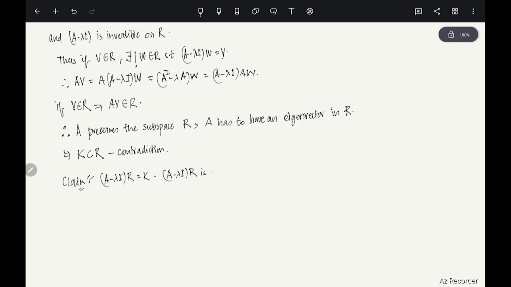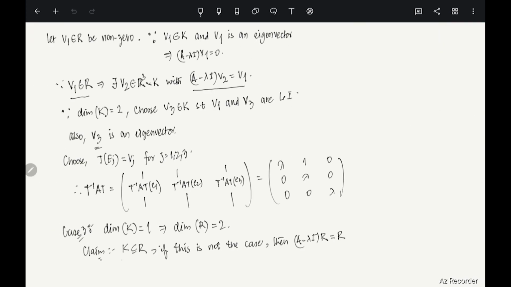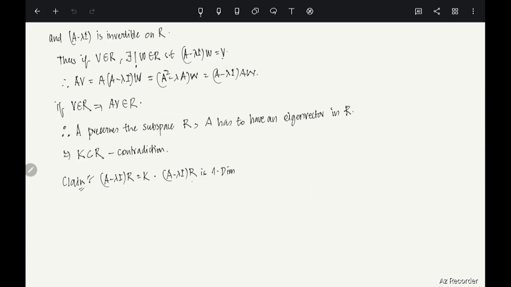Why one dimensional? Because K is contained in R, right? This is the claim which we proved earlier. So of course A minus lambda I times R is one dimensional, since K is contained in R.